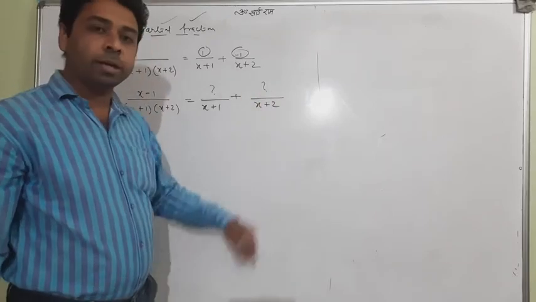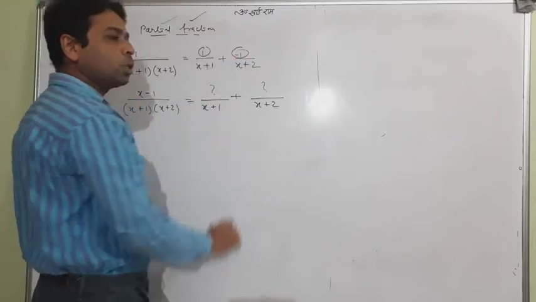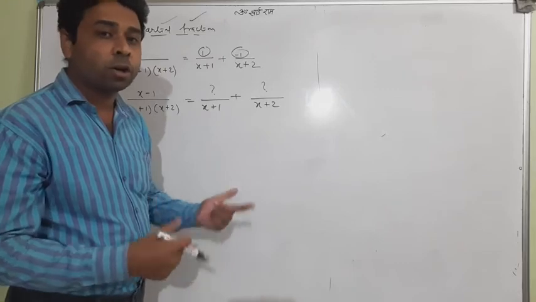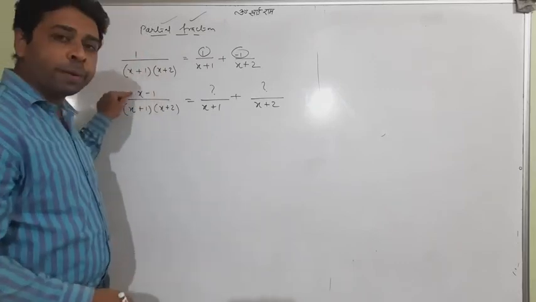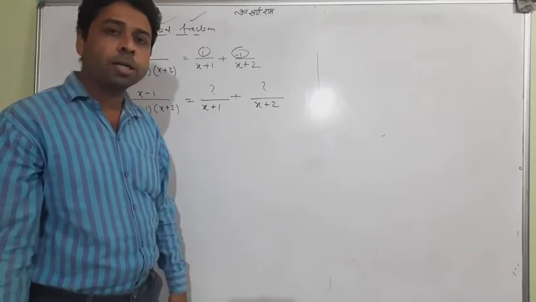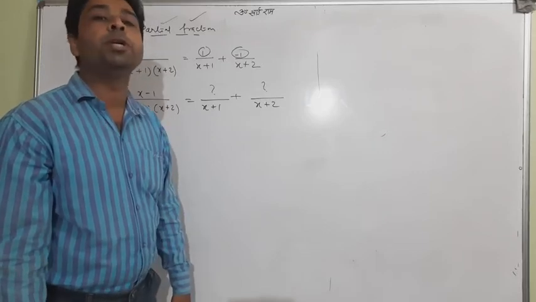This time it was 1, it is a -1. This was a simple prediction. I used a trial and error method and I got the answers 1 and -1. But instead of that, if I were to have x minus 1, and you tell me to break it now into parts, resolve into partial fractions, I am unable to do it with the prediction method.